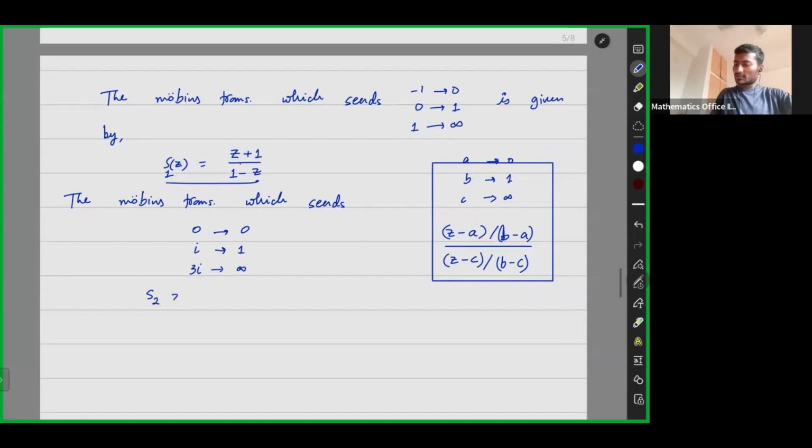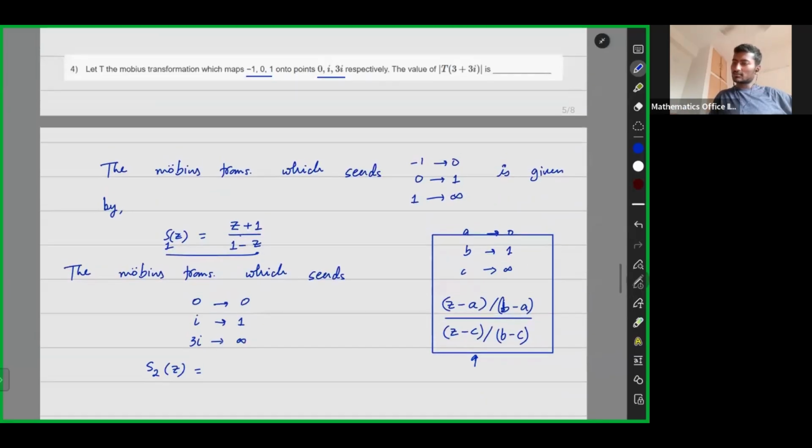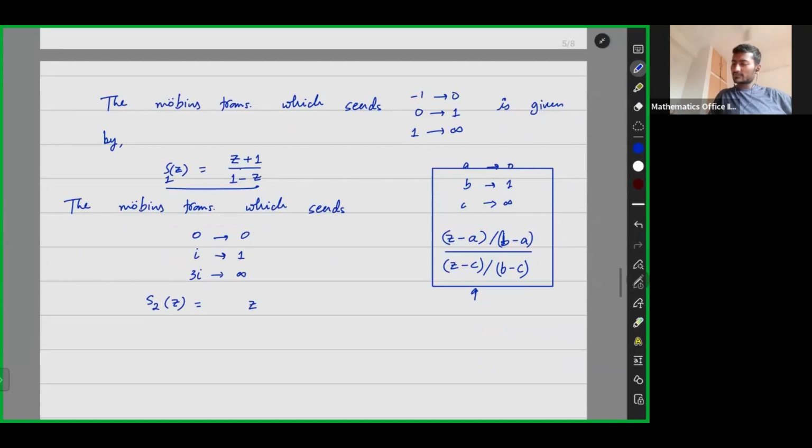This is given by, let's say, S2 of Z. How to write this? Use this box trick. It will be just Z, since we send 0 to 0, no problem. i is going to 1, so we have to write Z modulo i, so that when Z is equal to i, it becomes i mod i, which is equal to 1, no problem. Divided by Z minus 3i in the denominator, since 3i goes to infinity. But again, we have to divide here also.